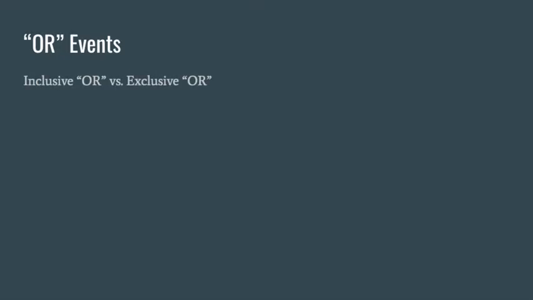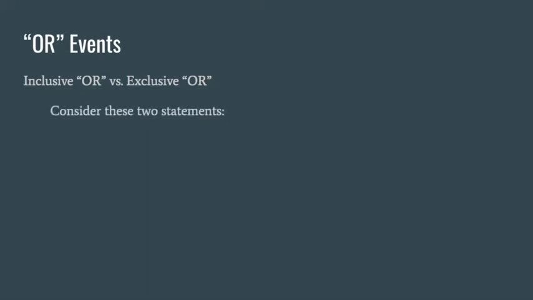All right, so there are times in probability when we use the word or. And or is a little bit of a tricky word because in math, or always means one thing. But in everyday life, or has 2 different possible connotations. We have the inclusive or and the exclusive or.